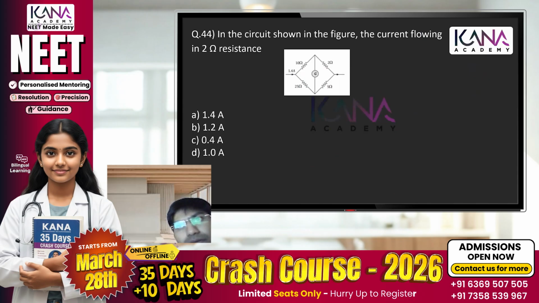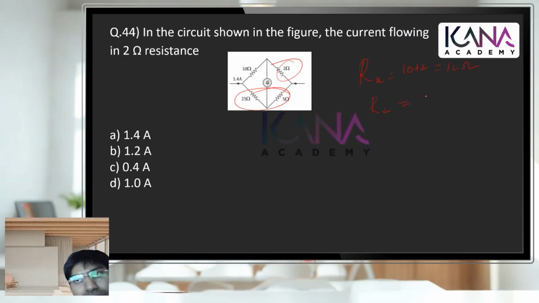Other question, 44. You need to find the current in the 2 ohm resistor. We should treat this as a Wheatstone type network. The upper branch resistance will be 10 plus 2, which is 12 ohms, and the lower branch will be 25 plus 5, which is 30 ohms. In parallel current division, the current ratio is inverse of resistance.